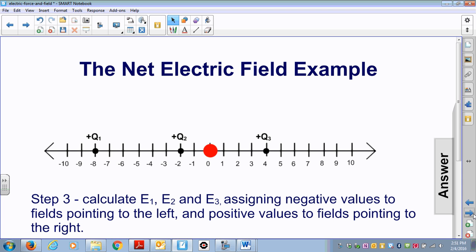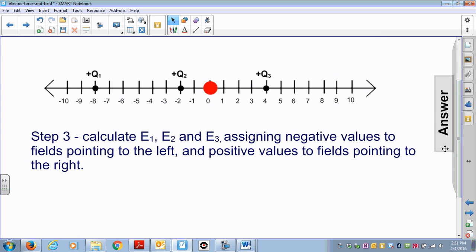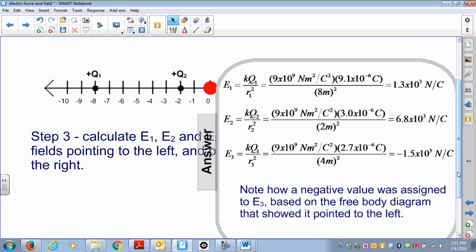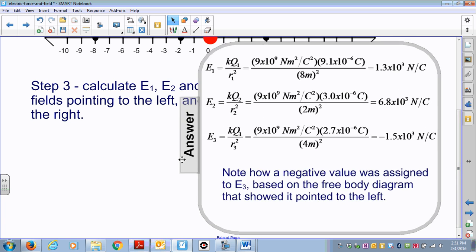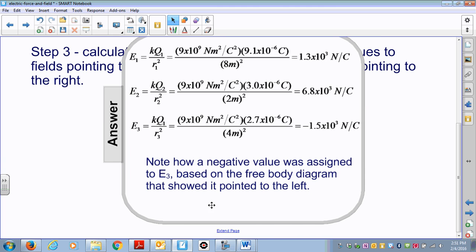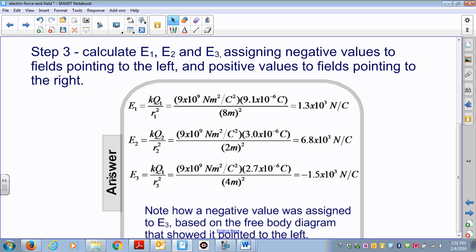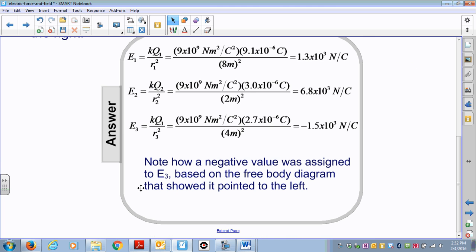Step 3. Calculate E1, E2, and E3, assigning negative values to fields pointing to the left and positive values to fields pointing to the right. In doing so, we're going to use E equals KQ over R squared. Substituting in the given information, the electric field for Q1 should be 1.3 times 10 to the 3 newtons per coulomb. For E2, it's going to be 6.8 times 10 to the 3 newtons per coulomb.